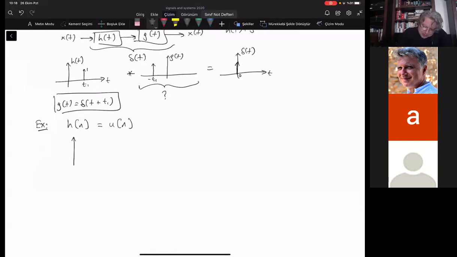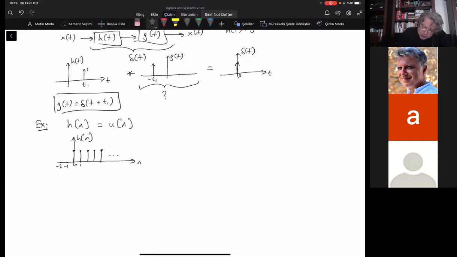Let's plot this h of n. Let's try to plot a few samples. It was zeros at -1, -2, all the negative values, and it becomes 1 starting from 0, and it continues as 1, h of n over the axis of n. This is u of n.